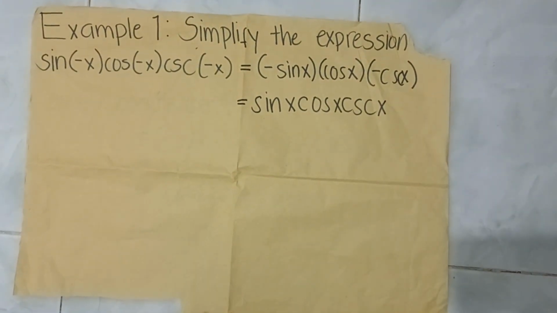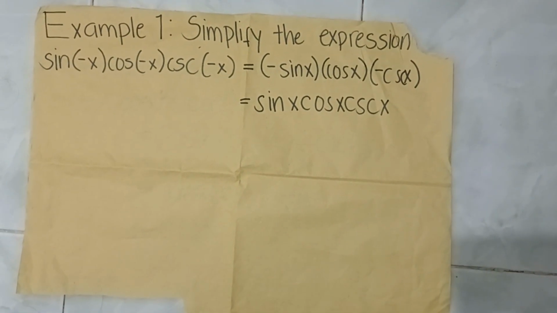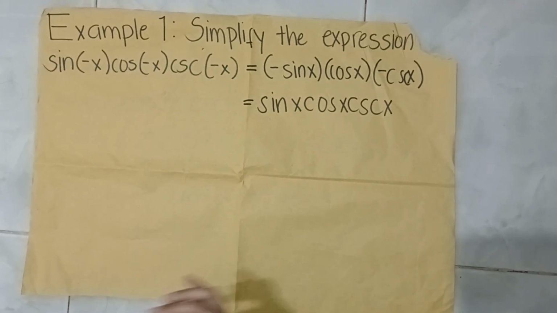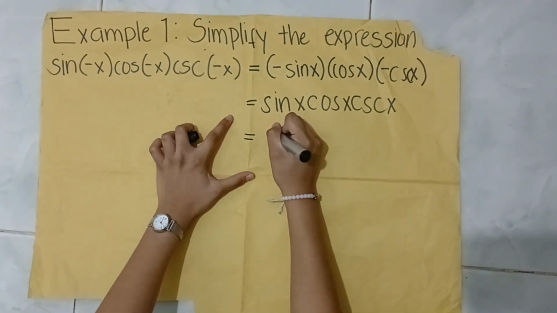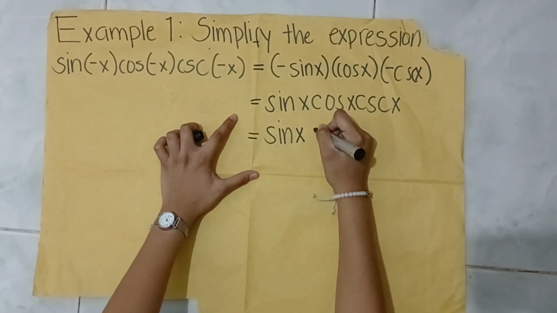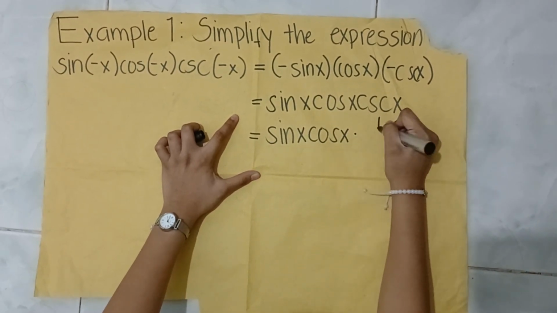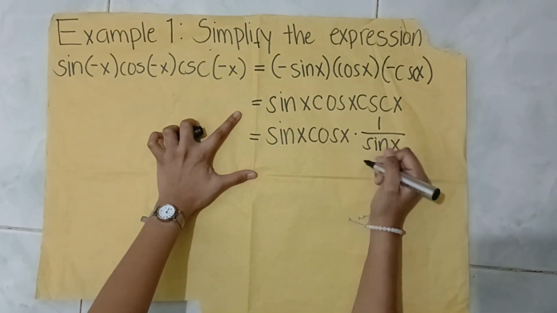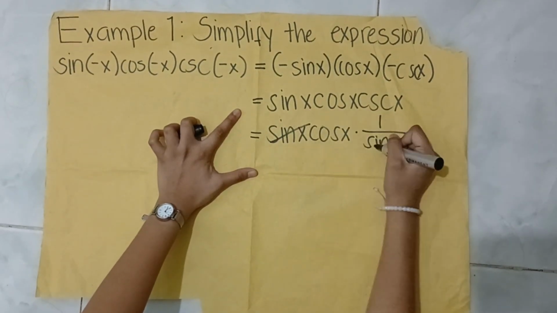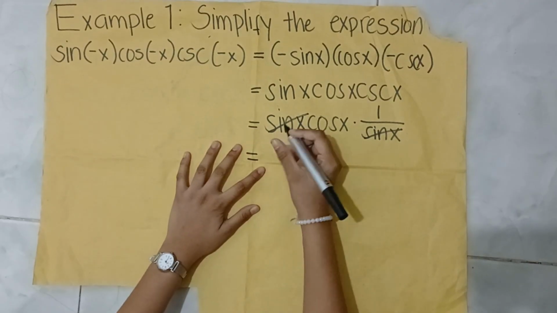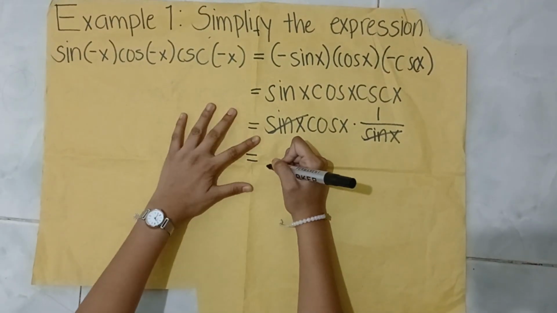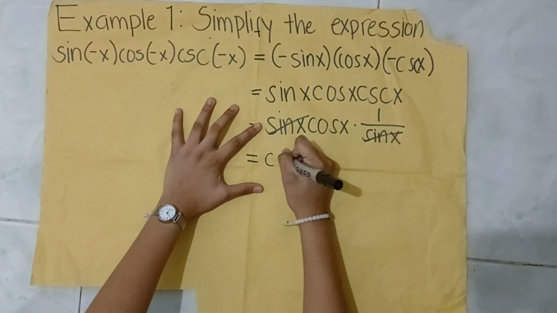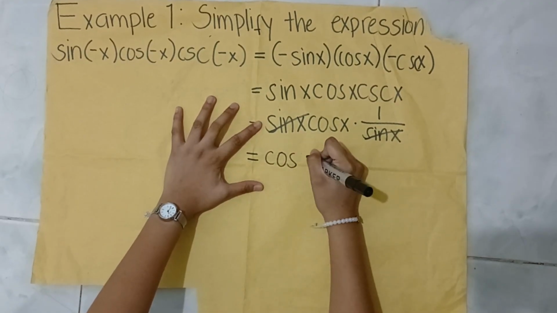Next, we use the reciprocal identity of cosecant x. Then cancel out the same. Therefore, the simplified expression is cosine x.